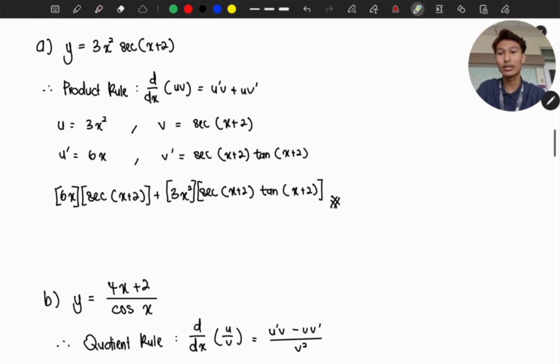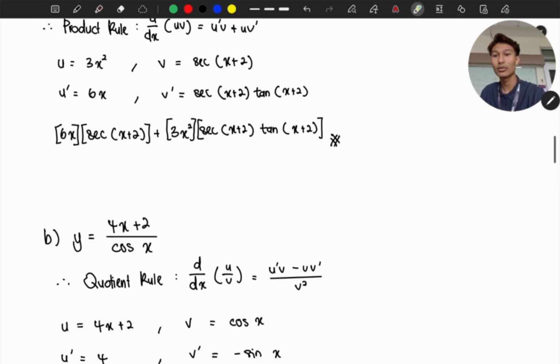So here I have u equals 3x squared and v equals secant x plus 2. u prime equals 6x if you differentiate it, and v prime equals secant x plus 2 tangent x plus 2. Now we apply the product rule. We get 6x secant x plus 2 plus 3x squared secant x plus 2 tangent x plus 2.